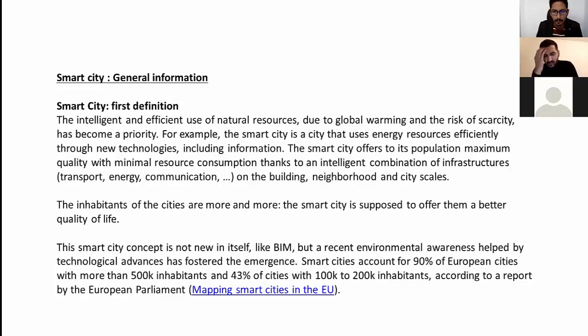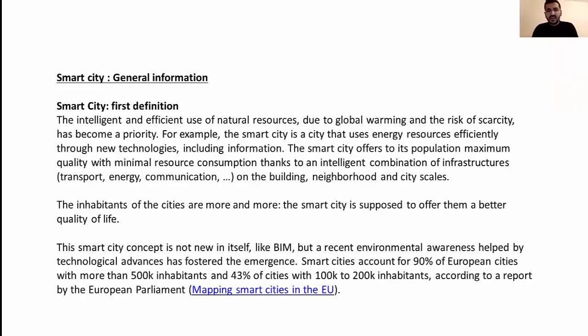If we talk about smart cities, we cannot find an exact definition of what a smart city is right now, because every city or every country makes conclusions according to their city's growth.